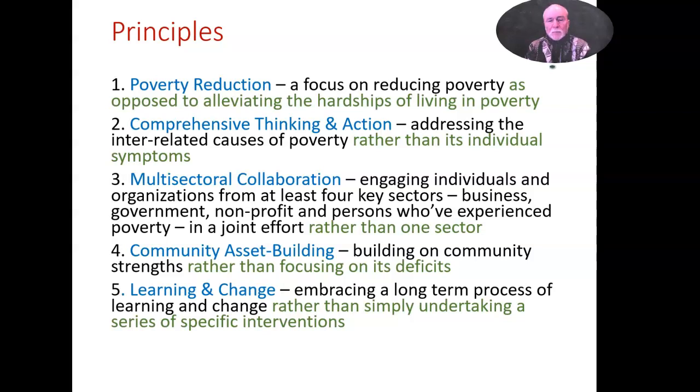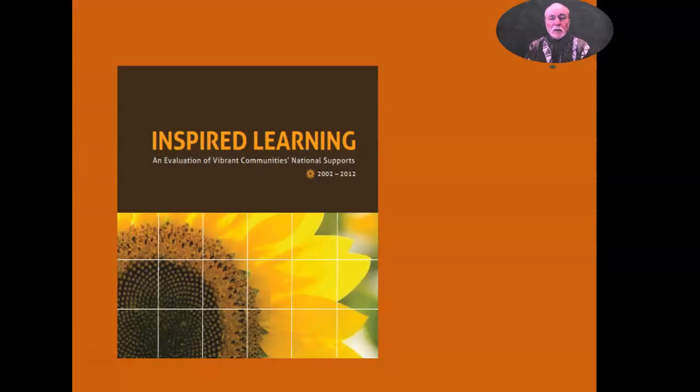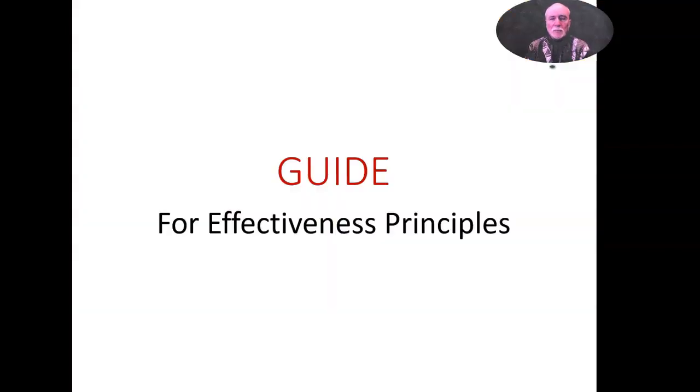And these principles provided the overall direction for the initiatives in 15 different communities across Canada, which did different things, had different foci, different activities, and different indicators of results, but were all operating under the same umbrella principles. The results of 10 years of this initiative were published in a publication available online called Inspired Learning, an evaluation of Vibrant Communities' national supports.